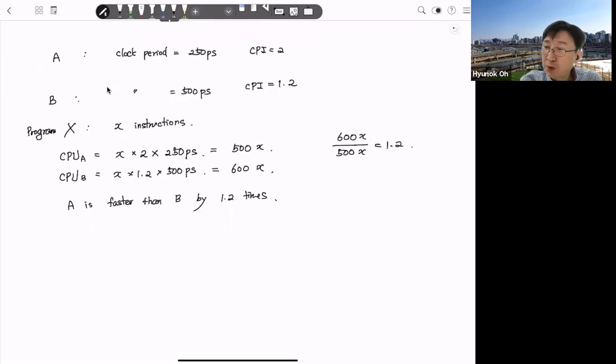We have to reduce the clock period, right? So as the clock period gets shorter and shorter, the performance is improved. And also if CPI is reduced, then we can improve the CPU time, right? And also the number of instructions to complete one program should be optimized.